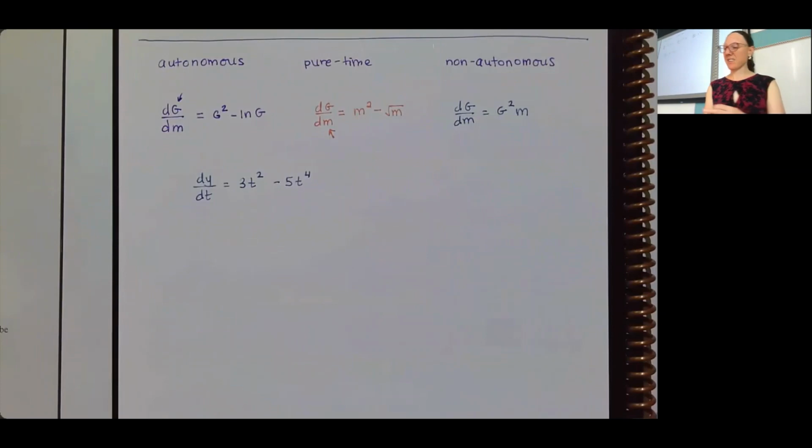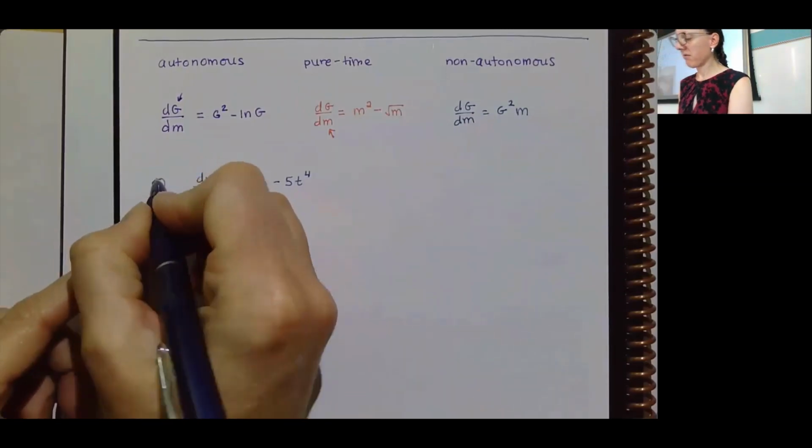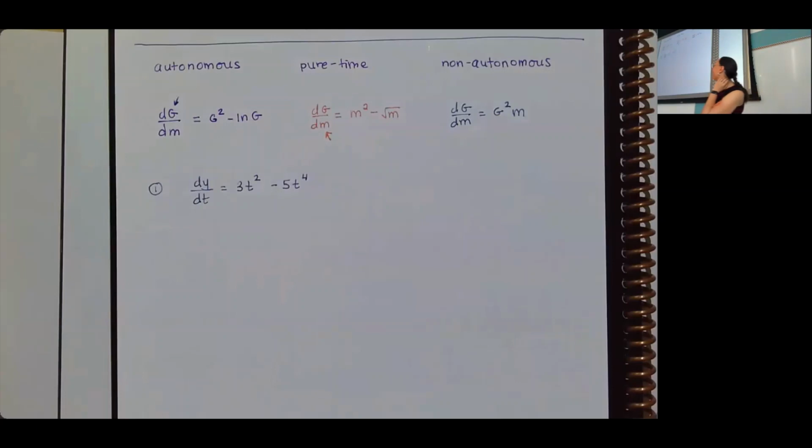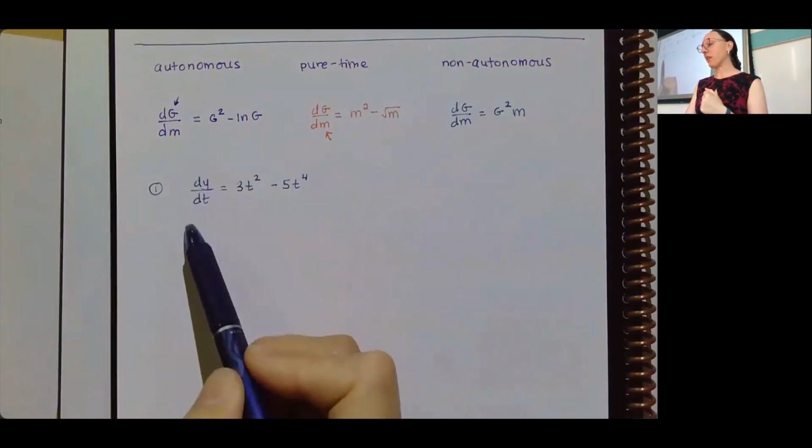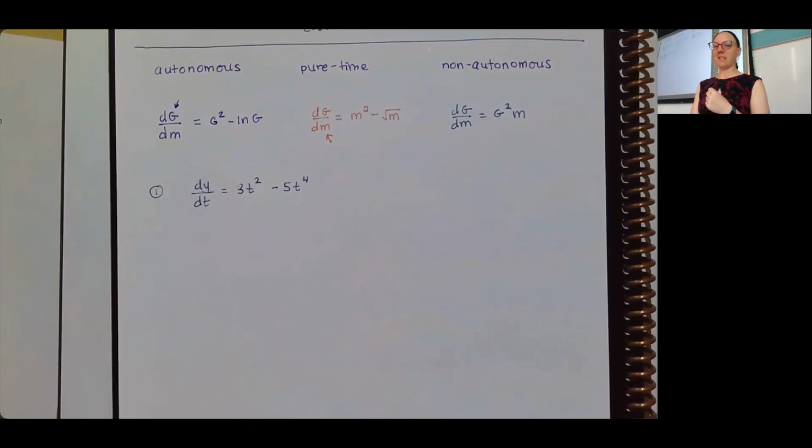If we're looking at this, what type of differential equation is it? So really it comes down to, I look at the numerator, I look at the denominator, which one of those variables is in it? Since the denominator is what's in there, this one's going to be pure time.